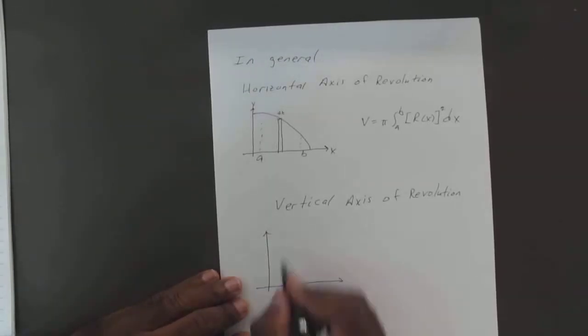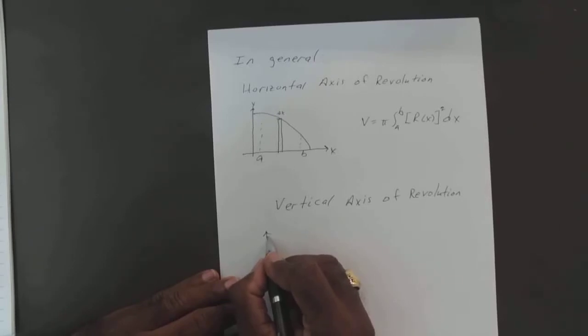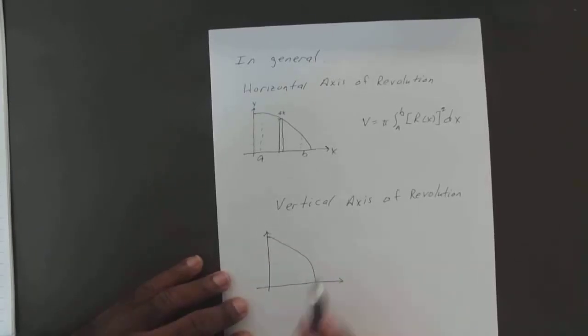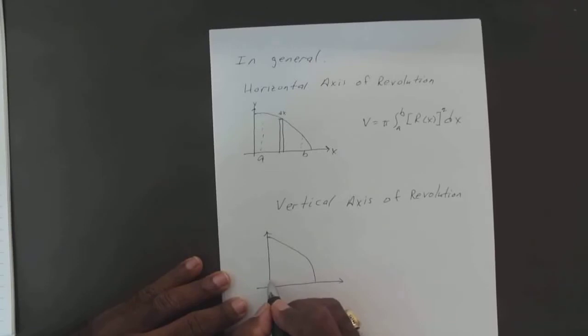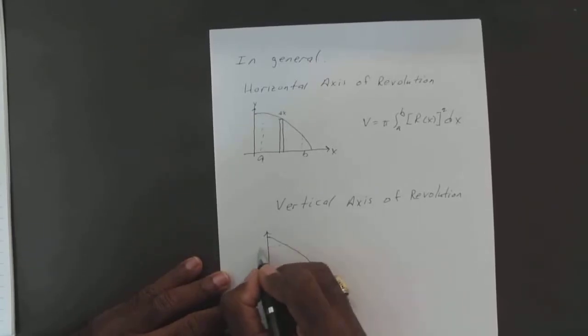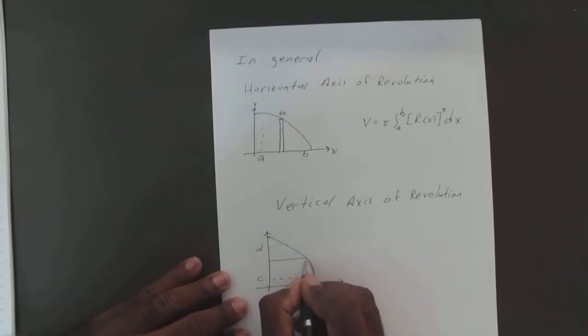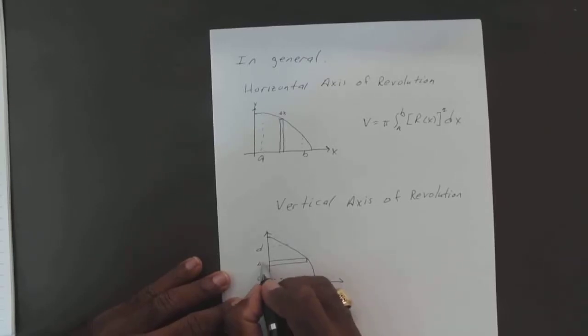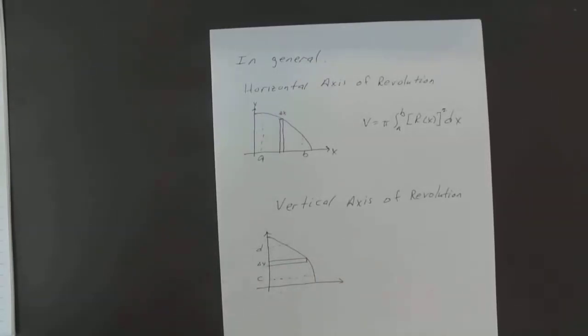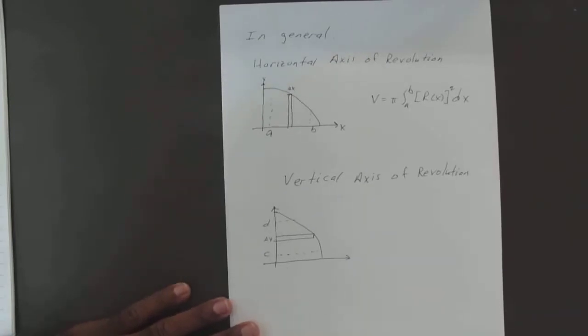So we'll just get that same shape, and instead of from A to B, we'll just make it from C to D. And this rectangle, instead of delta x, will just be delta y.